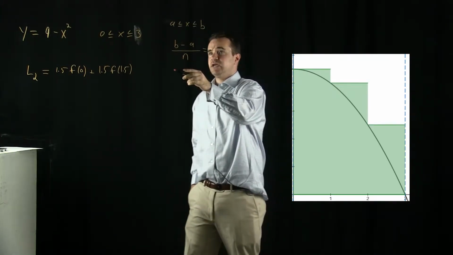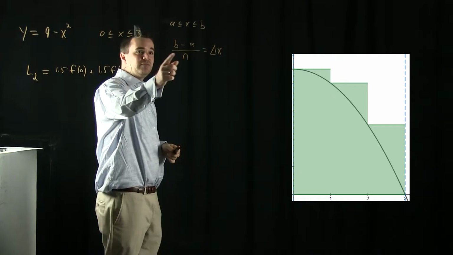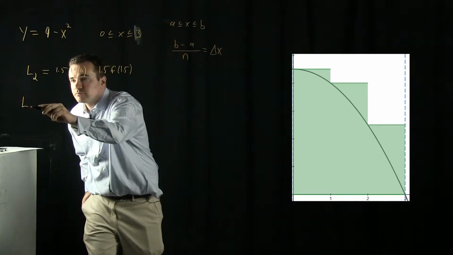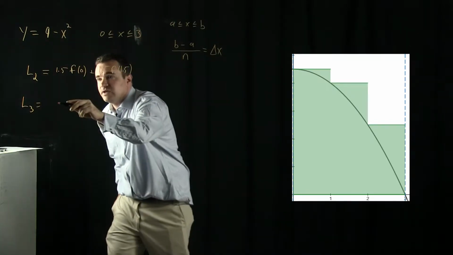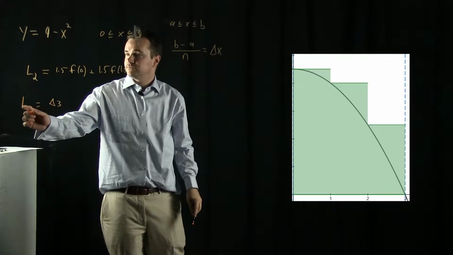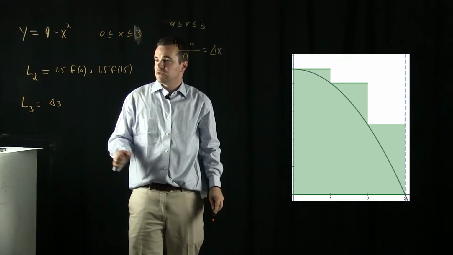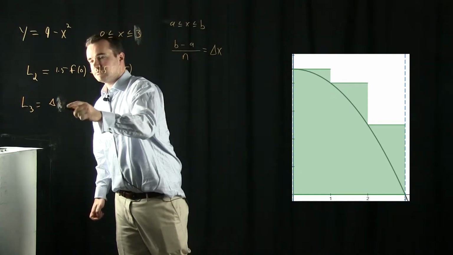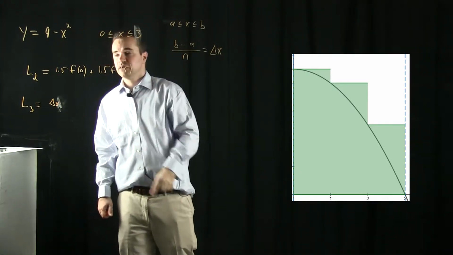So in case n equals 3, I just have 3 minus 0 over 3 equals 1. So delta x in this case would be equal to 1. Left-hand endpoints, I'll say more about that in a second, and 3 rectangles. It's not delta 3, it's delta x.